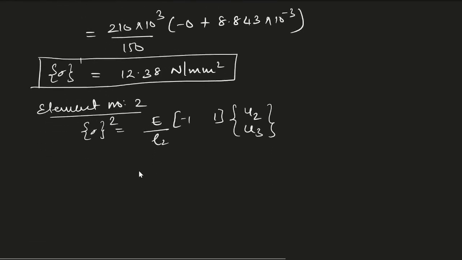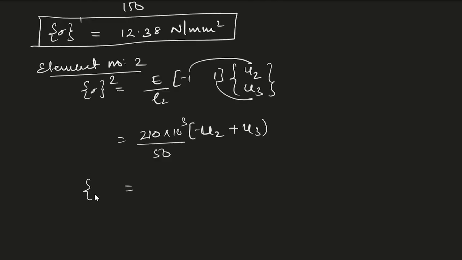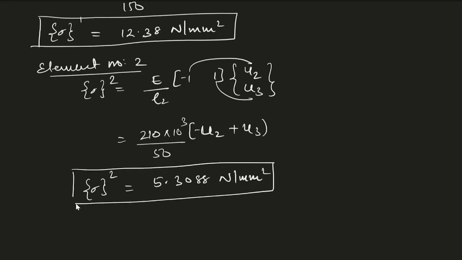Here E is 210 into 10 power 3, the length of the second element is 50, and it multiplies the same way, so minus U2 plus U3. If you put the values of U2 and U3, we'll get the stress for element 2 as 5.3088 Newton per mm square. This is also tensile stress, because the value is positive.